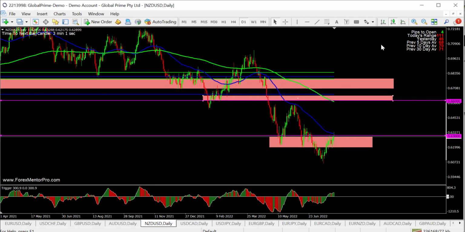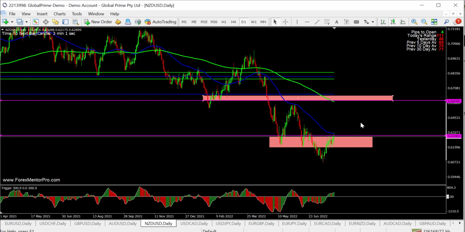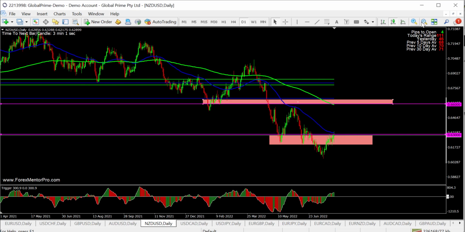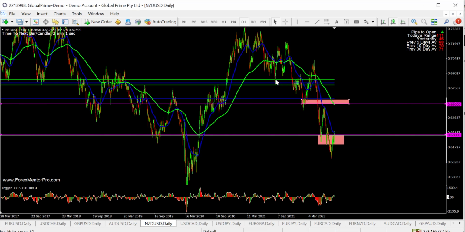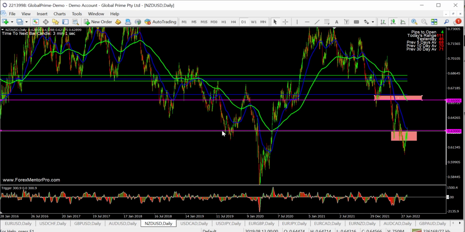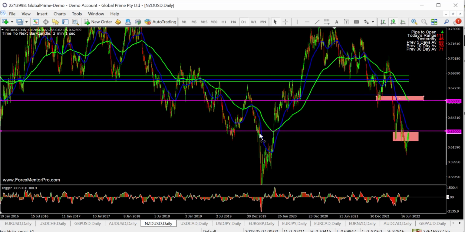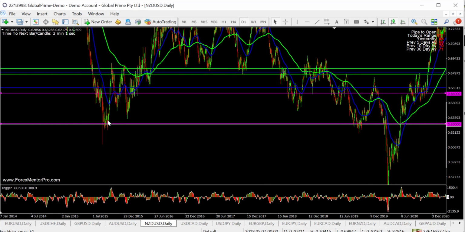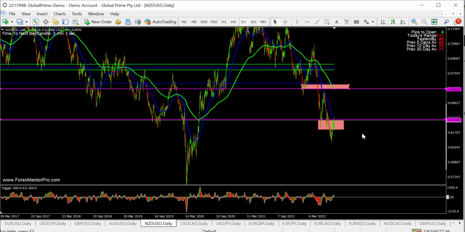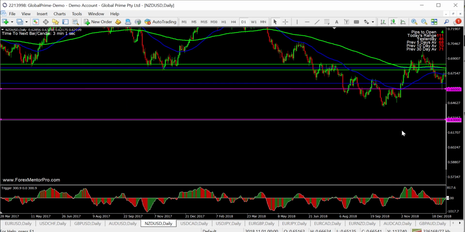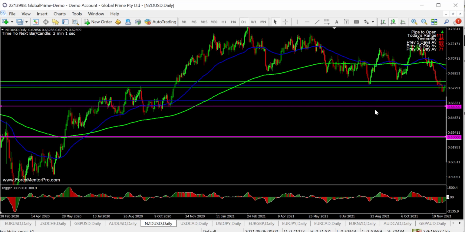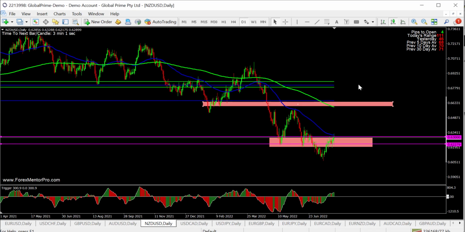New Zealand USD, symmetrical to the Aussie USD. Let's clean this up a little bit. Again, same idea. 0.63 is big for this pair, very big. If we look to the left, you can see there consolidation, support and previous support and resistance, big area. So same idea, guys. Remember the correlation. If you're going to take more than one, apologies, let's just get back there.